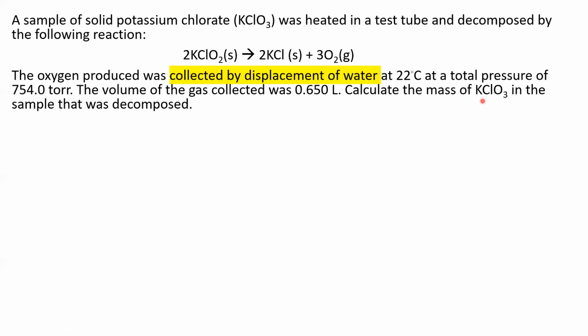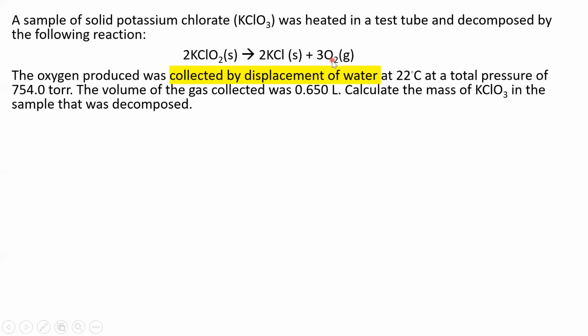Okay, so there's a couple things that go on in this question. First of all, since we're collecting the oxygen gas by displacement, we're going to have to take water vapor pressure and subtract it from the total pressure. That'll give us the pressure exerted by just the oxygen gas.